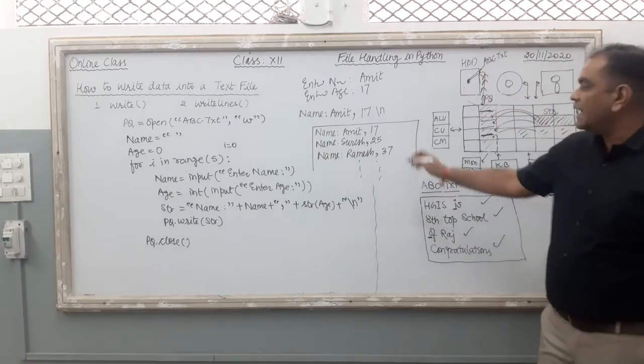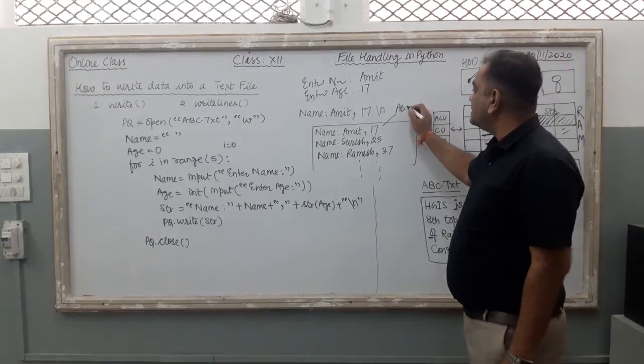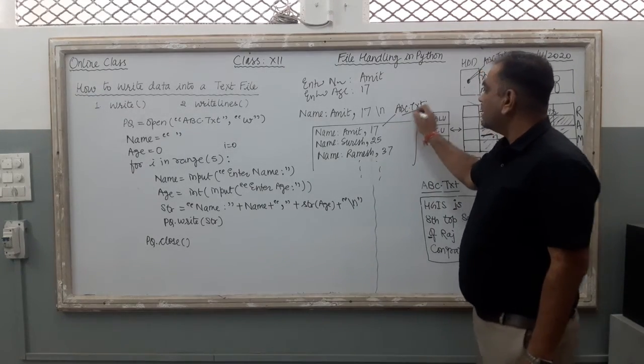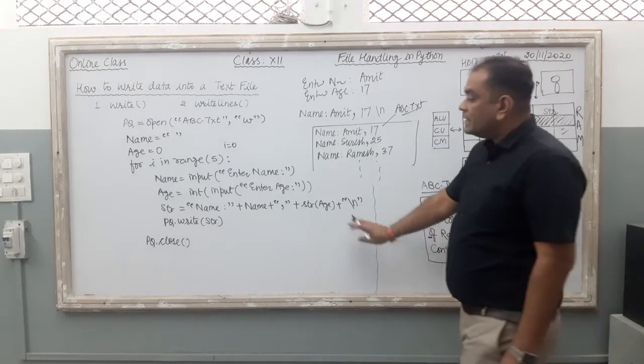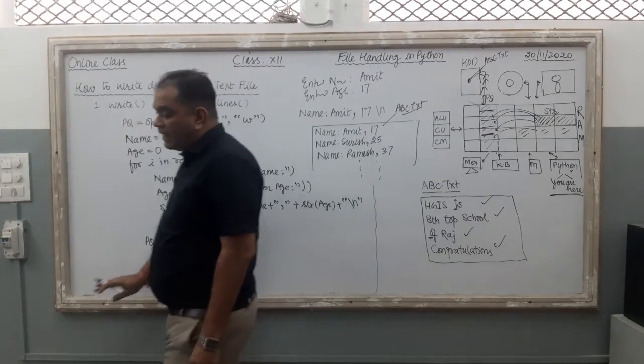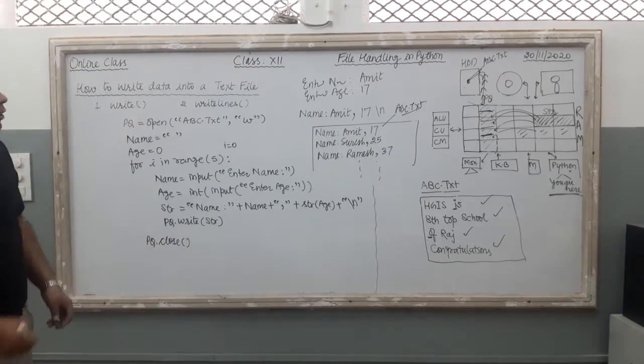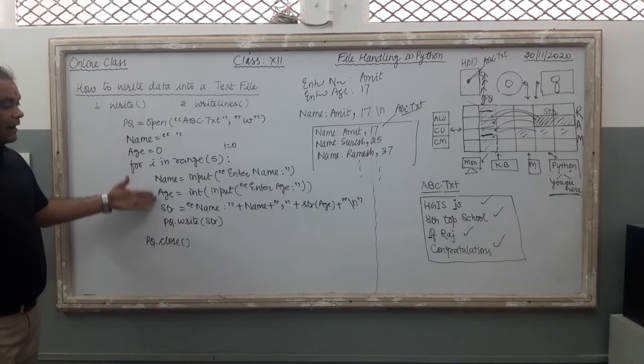The file is created like this, and the name of the file is abc.txt. Clear? So this is the write library function of Python by which you can write your program's data into the file.